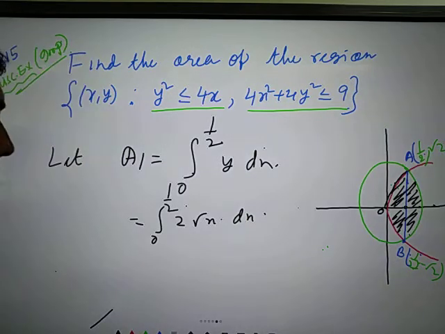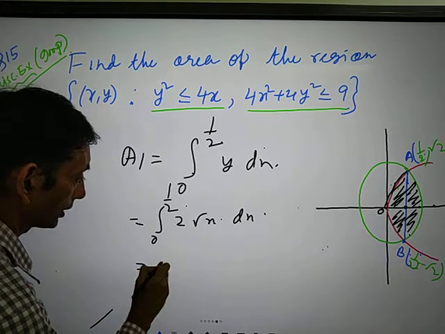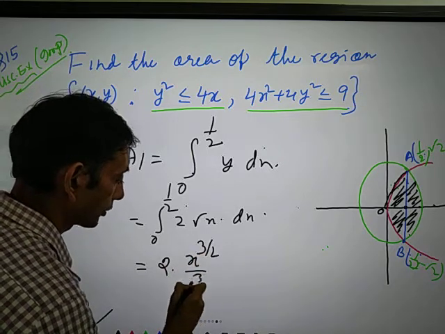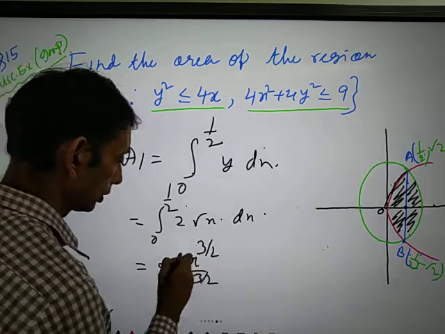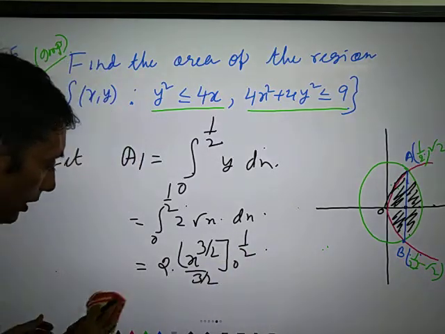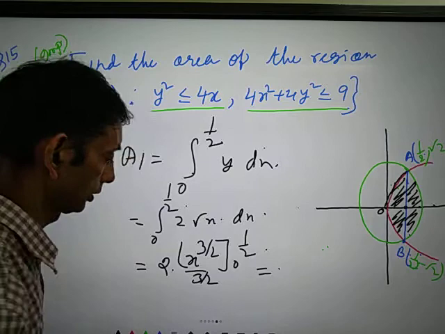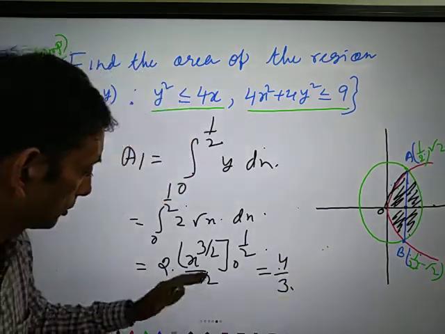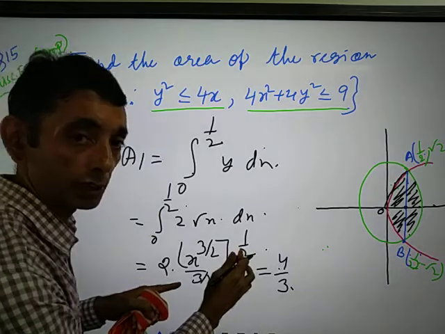2 root x dx. So this gives us x to the power 3 by 2 by 3 by 2 when we integrate, and I'll put the limits 0 to half. If we simplify, this will be 4 by 3. So 2 will go up, 4 by 3, and we'll substitute half.